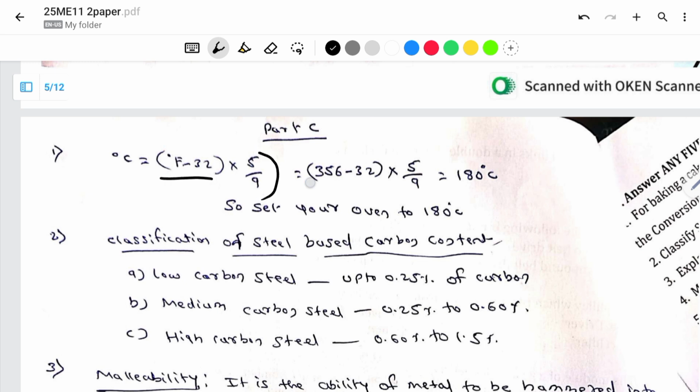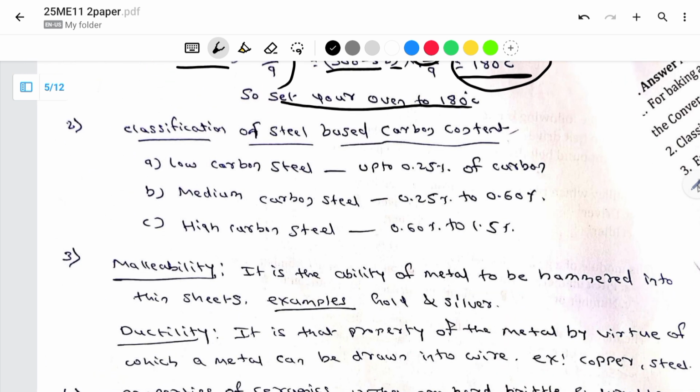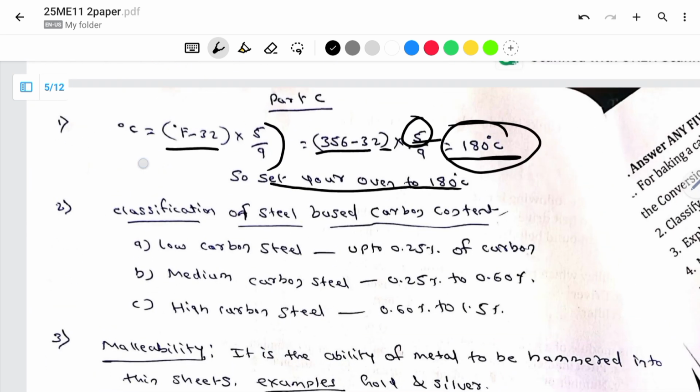So 356 minus 32, multiply the answer by 5 and divide by 9. So here you have to set the oven at 180 degrees Celsius. This is the answer. It is very simple. You need to remember this formula.